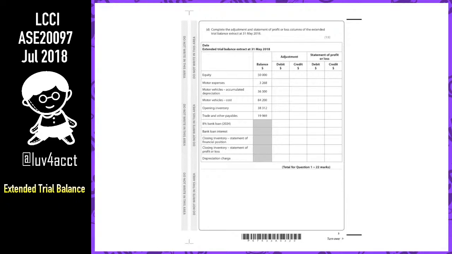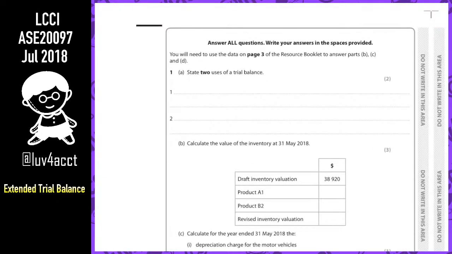Let's see what we are asked. State 2 uses of trial balance. Check the arithmetical accuracy, whether the total of the debit side equals the total of the credit side, and also assist in the preparation of financial statements.